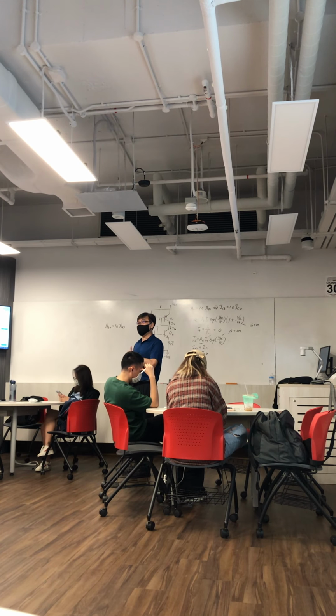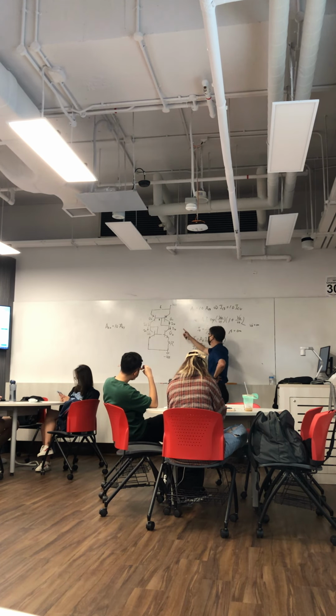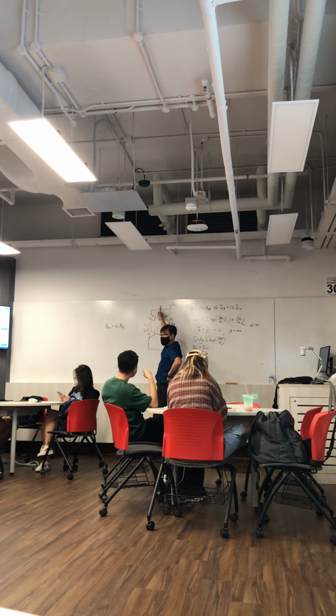So what goes wrong in the second part? Under what condition can I say this guy is 10 times this? Not just because of the area, but also because the VBE is the same, right? Are you sure the VBE is the same? This VBE, this VBE. This guy's VBE is equal to this plus this, no?